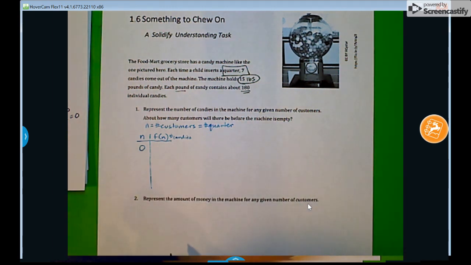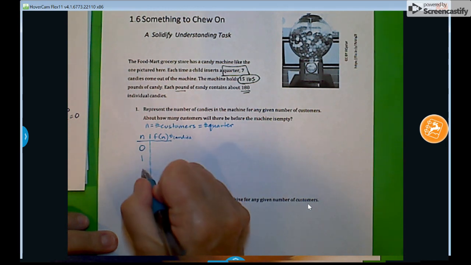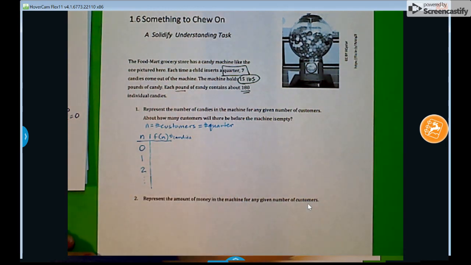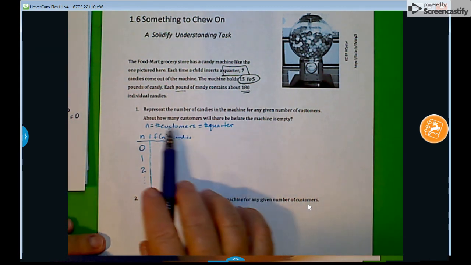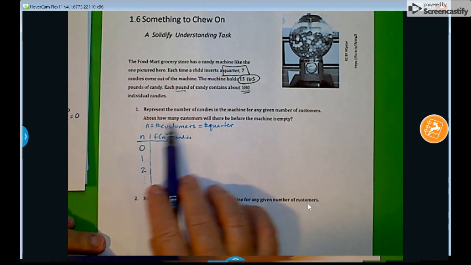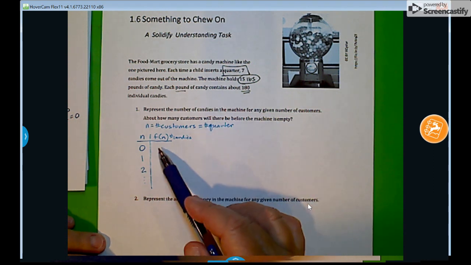No, number of candies we'll put there, and then we'll need to build this table. Well, we don't have to build a table. We could build a formula. But in order to even start doing that, we need to know what our starting point is. So they ask how many customers would there be before the machine is empty.